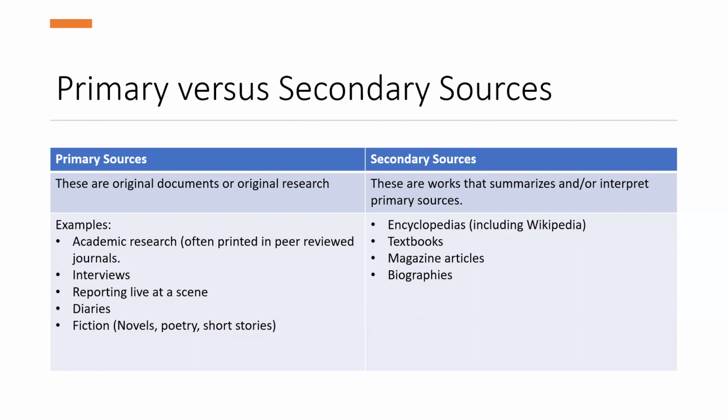And when you do your research, there are primary sources and secondary sources. Primary sources are often original documentation or original research written by the person who's doing the experiment, the person who's coming up with the actual testing. And these tend to be more reliable.